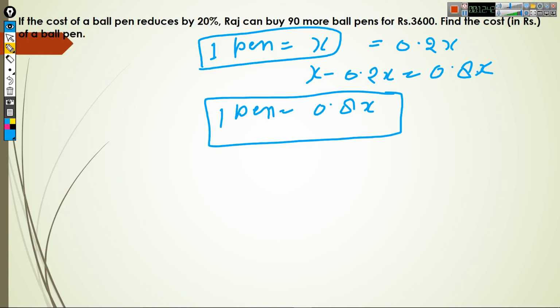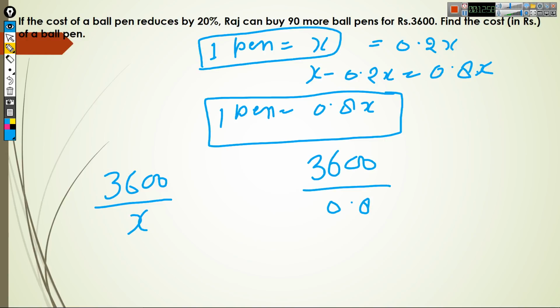Now Raj can buy 90 more ball pens for rupees 3600. So initially, how many pens can Raj buy for rupees 3600? 3600 divided by x. And now how many can he buy? 3600 divided by 0.8x. To make the equation equal, we will add 90 here, because now he can buy 90 more ball pens.